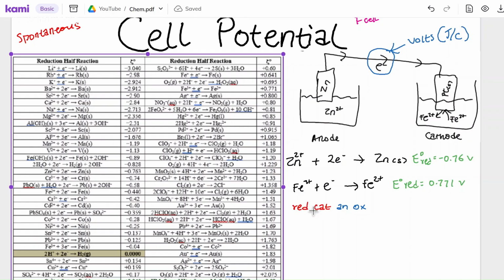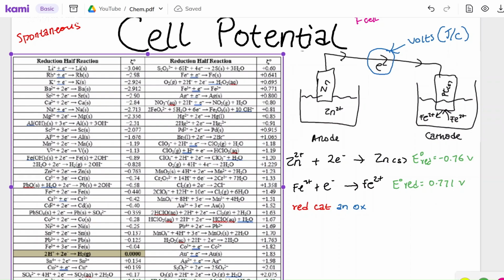RED CAT means reduction at the cathode, and AN OX means oxidation at the anode. This diagram is proof of that, as this zinc would rather be oxidized, so it's in the anode, while the iron would rather be reduced because it has a positive reduction potential. That's why it's in the cathode.